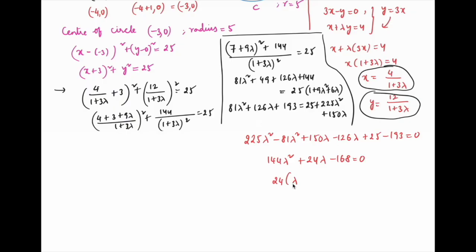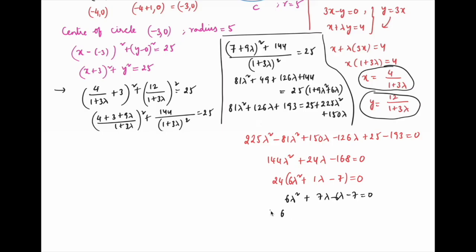24 you can take common, lambda square 24 sixes and 1 time lambda minus 24 sevens is equal to 0. So we can remove the 24, 6 times lambda square, and 1 lambda we can write it as 7 times lambda minus 1 times lambda, 6 lambda minus 7 is equal to 0.